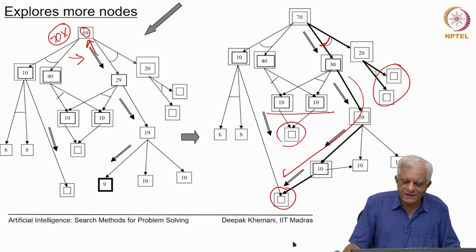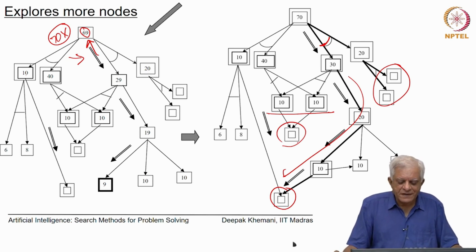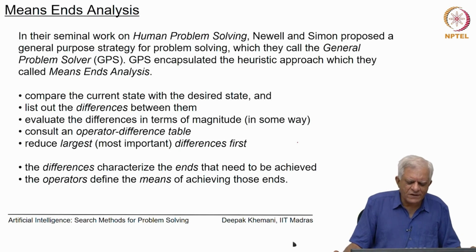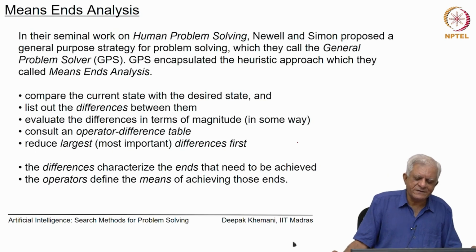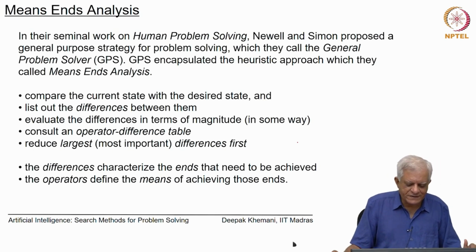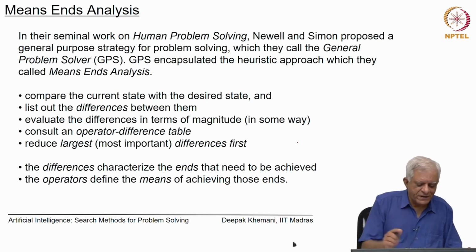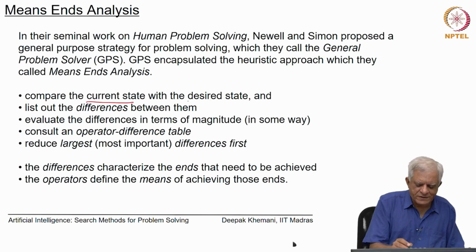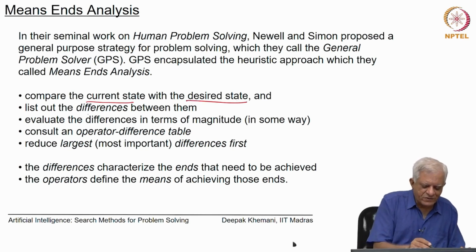It is quite a neat and simple algorithm, but you might recall that we had looked at means ends analysis, which was the work of Newell and Simon as part of their general purpose strategy. And you can think of what was happening there as also similar to what is happening in AO star, in the sense that it is goal based reasoning essentially. So, you are comparing the current state to the desired state, and you are looking at the differences between them, and then you are trying to reduce the largest differences.